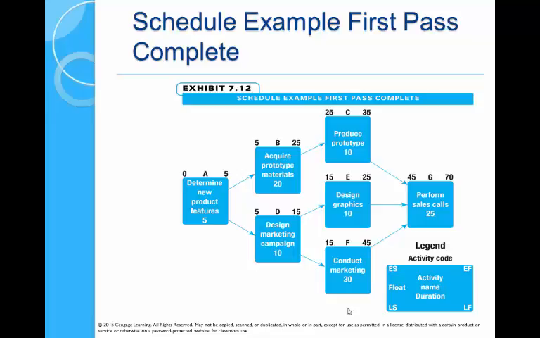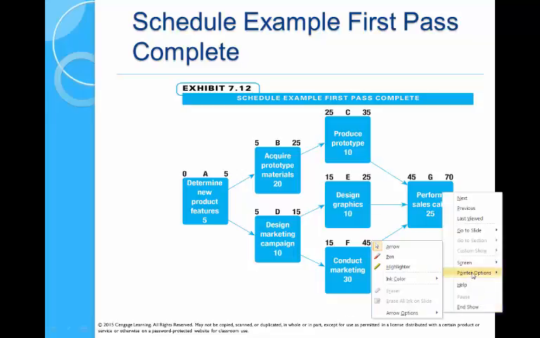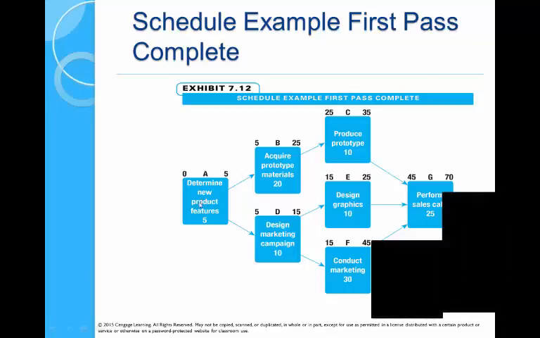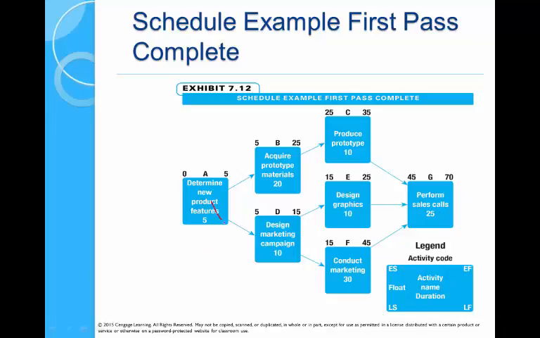The longest path through this network is here. You can see that's the one that's forcing the project not to finish till day 70. That's your critical path.